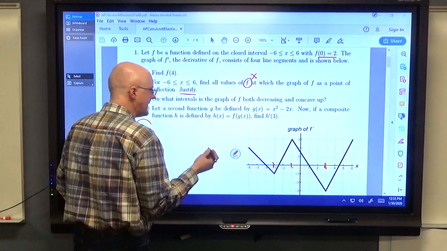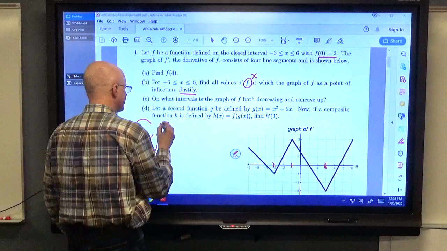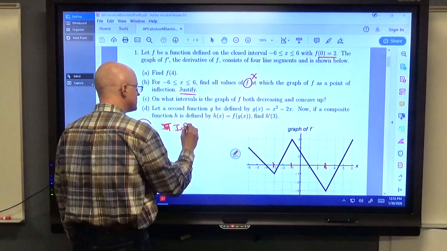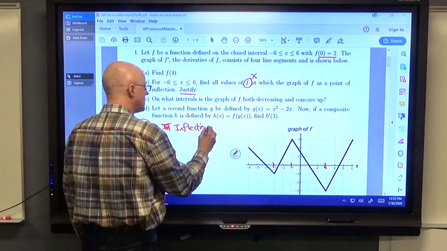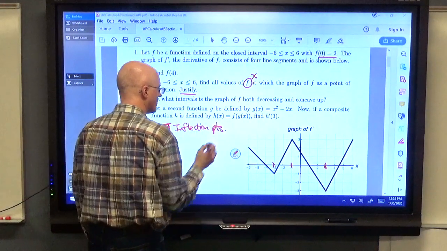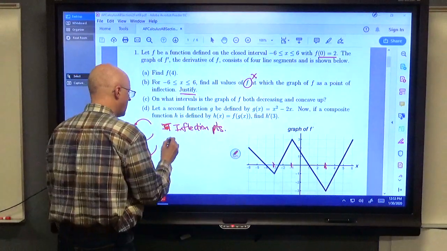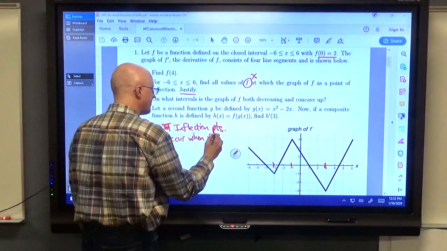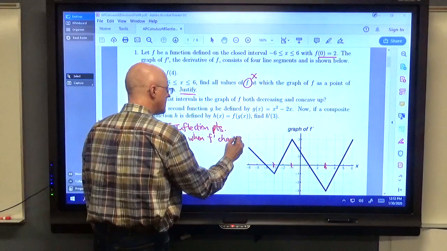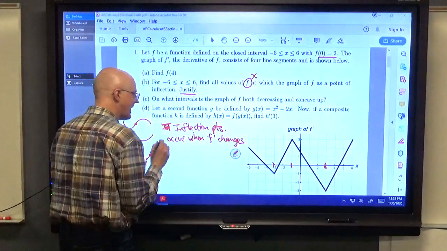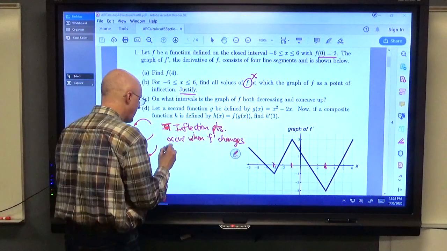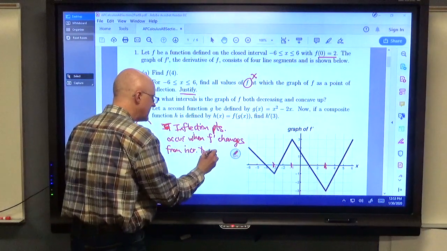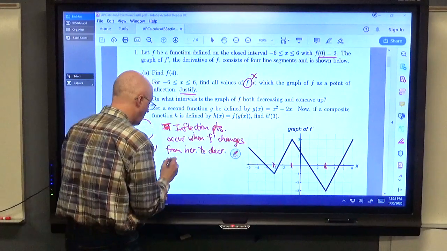So as far as writing an explanation, you could say something like this. Inflection points, I will abbreviate, you may not want to abbreviate on the exam, occur when f prime changes, careful, not from positive to negative or negative to positive, from increasing to decreasing or vice versa.